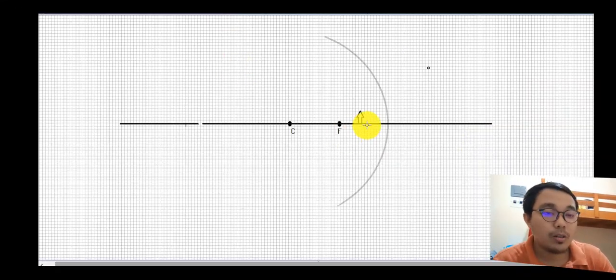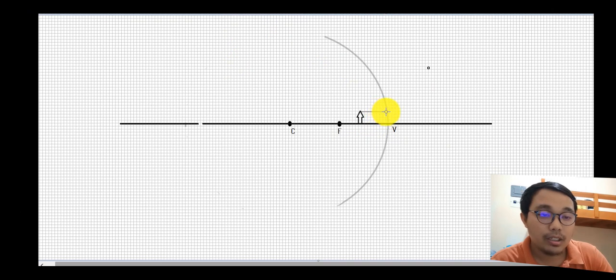I will now place the object between F and V. Let's start with the first ray. It goes from the object to the mirror. When it hits the mirror, what will happen? It will reflect back, passing through the focal point or focus.